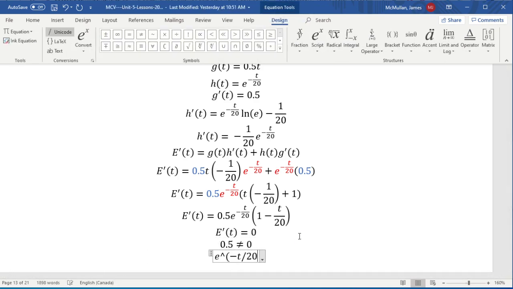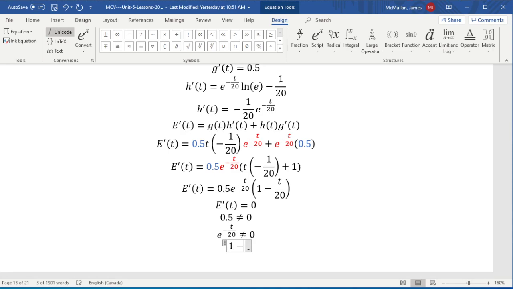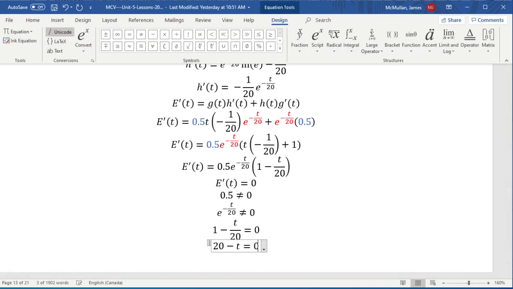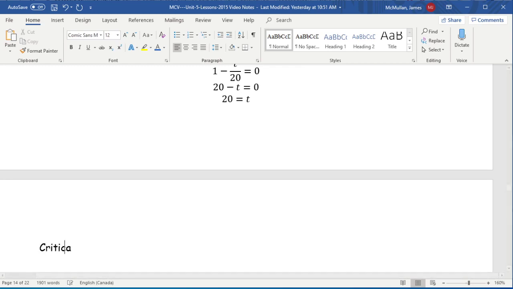E to the power of negative t over 20 is never equal to 0 because it's an exponential function. Exponential functions are never equal to 0 unless they're shifted. That leaves us with 1 minus t over 20, which is equal to 0 when 20 minus t is equal to 0, which is when t is 20. So our critical point here is t equals 20.